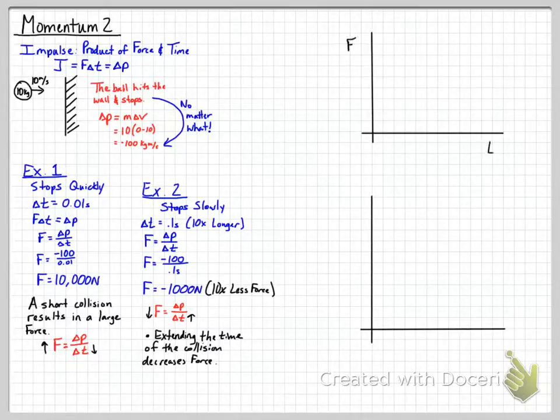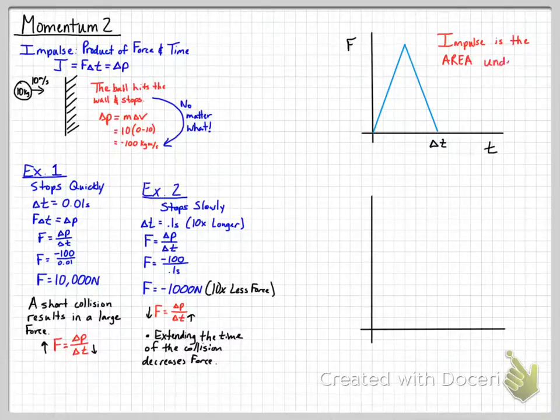So let's look at it graphically. So first off, impulse is the area under a force versus time graph. So if we have a curve or a line or a shape of some sort on a force versus time graph, the area under that shape or line or curve, whatever the case may be, will be impulse. This graph shows a very short amount of time and a large force.